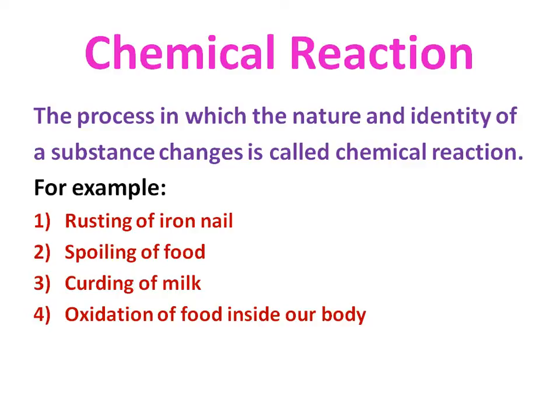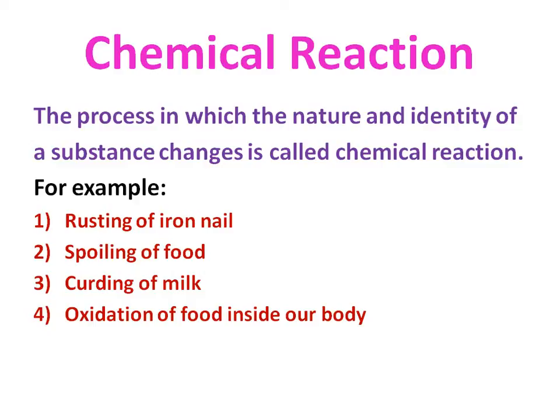All of these are chemical changes. Basically, in a chemical change a new substance is formed. That means if we cook the food, we cannot get the exact constituents of the vegetables after cooking. So that is called a chemical reaction.